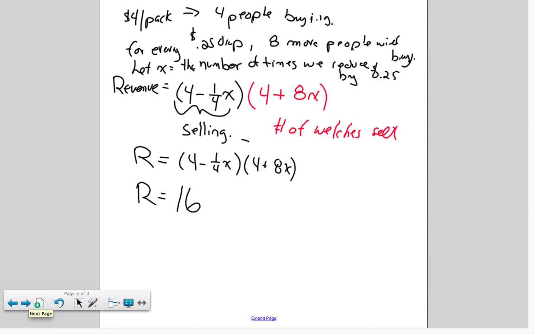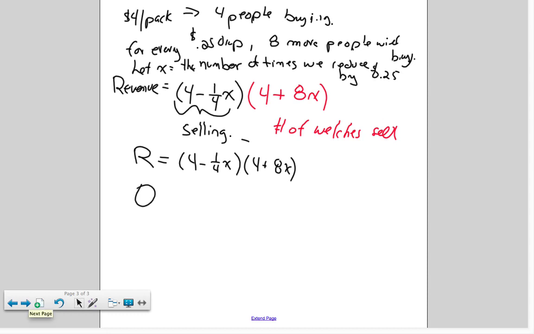Why do we want to expand this? There's 40. No, take that back. You don't even need to expand this. So I'm scrapping my notes now.